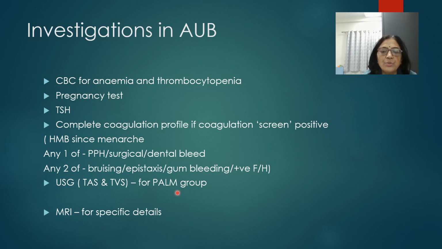Now, for students, I want to make it clear, as I said, cervical pathologies, especially cervical polyp, are there, but otherwise cervical cancers are not included under abnormal uterine bleeding.